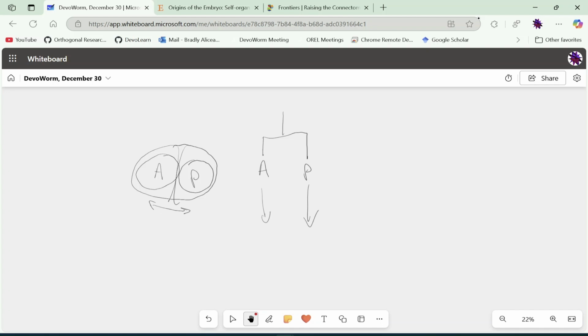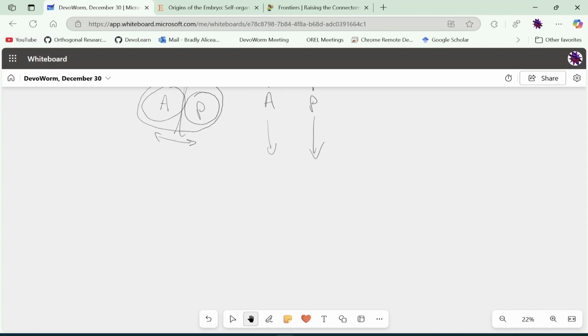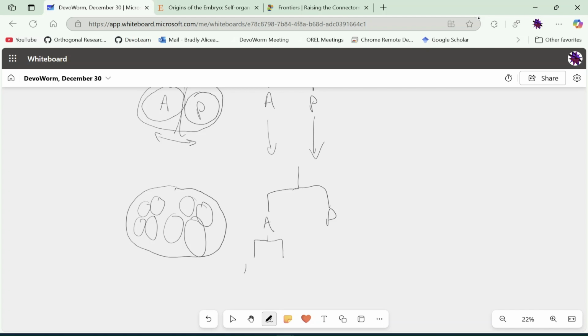Now, what we're trying to understand is how these lineages establish themselves as sort of an interaction between the different sublineages. So if we go to the 8-cell stage here, we have an anterior and a posterior end, and we have two division events apiece.